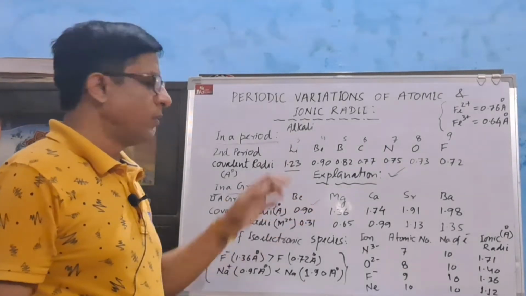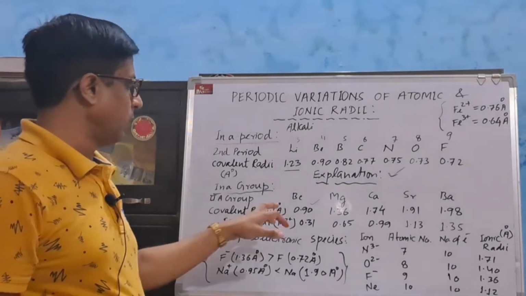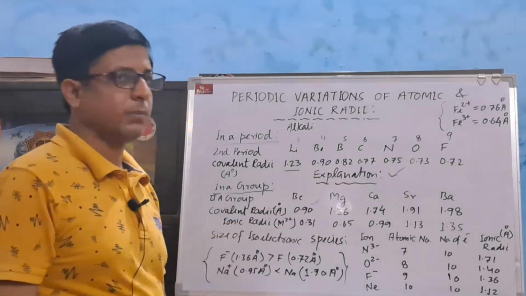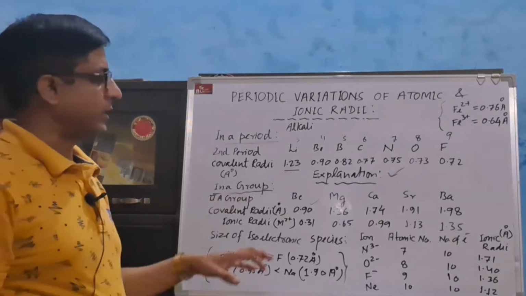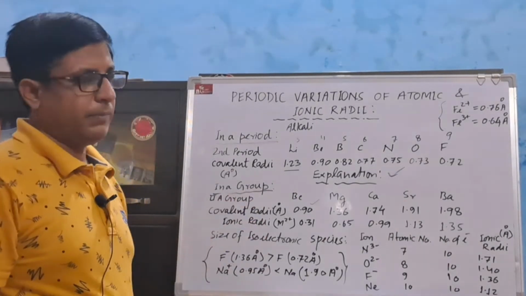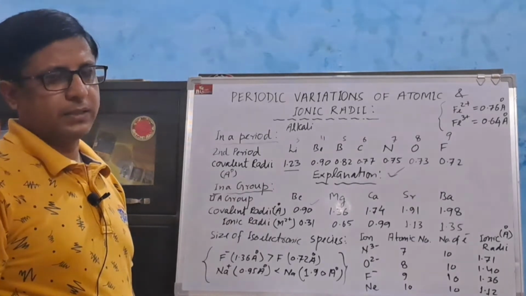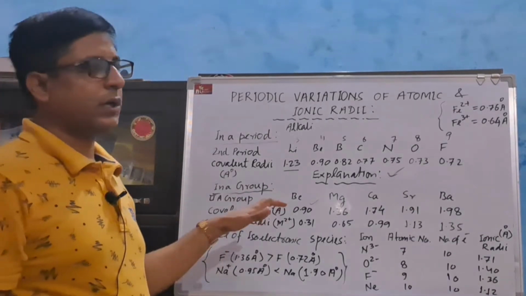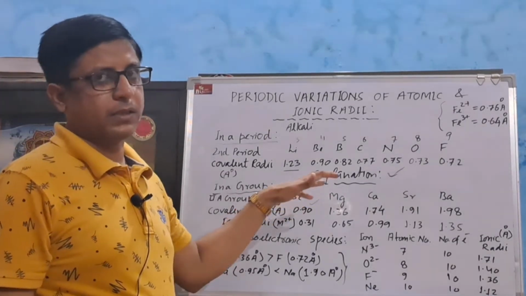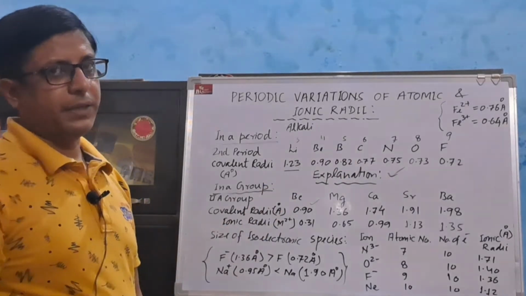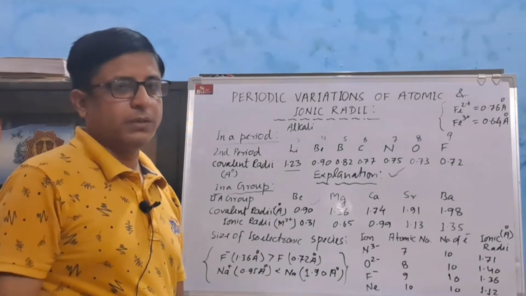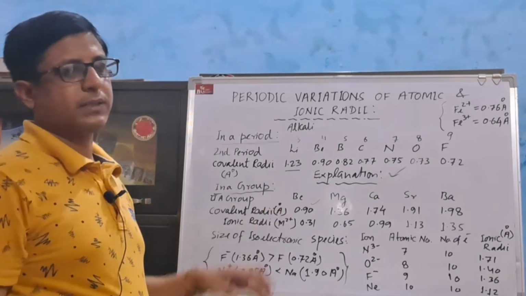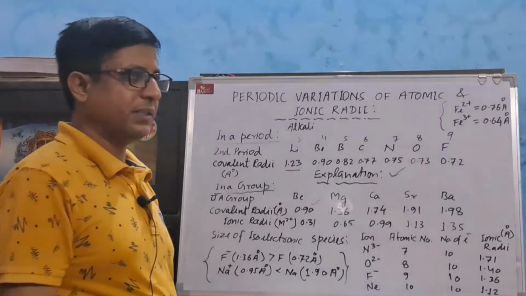When we move downwards in a group from beryllium to magnesium, the number of electrons increases, therefore the main energy level also increases. Energy shells are successively added in the atom. Therefore, the distance between the nucleus and valency shell electrons increases.